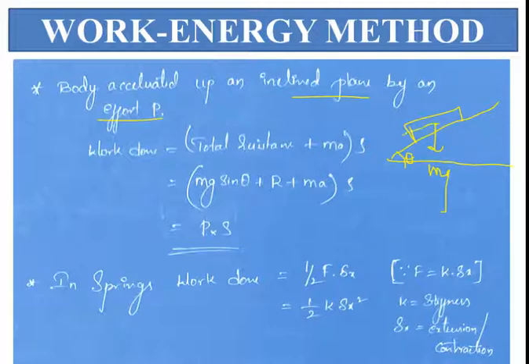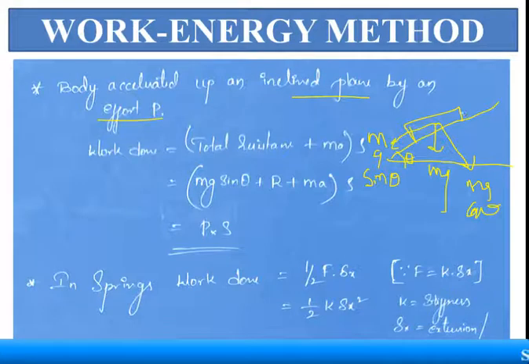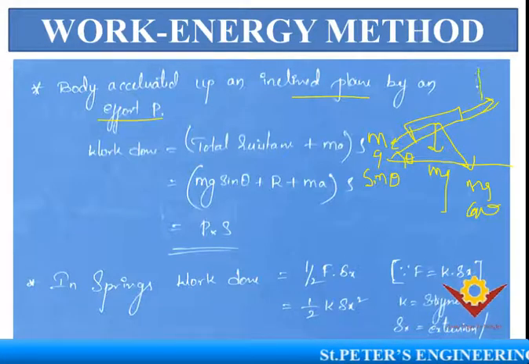We already saw the components, like mg sine theta here, and here you are going to get a component which is mg cos theta, right? And you have some effort which is P.